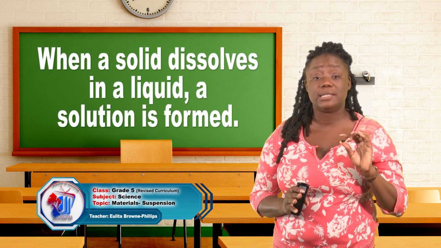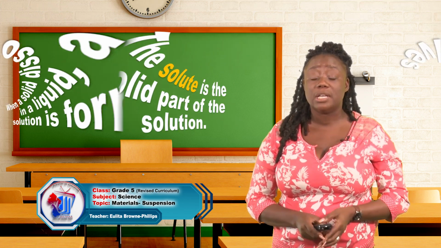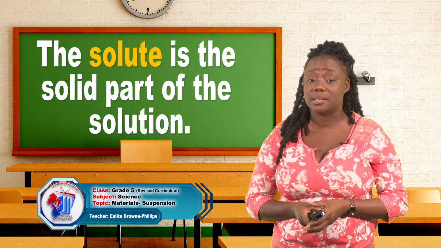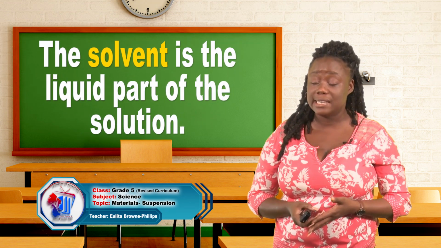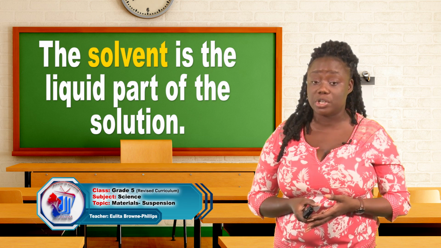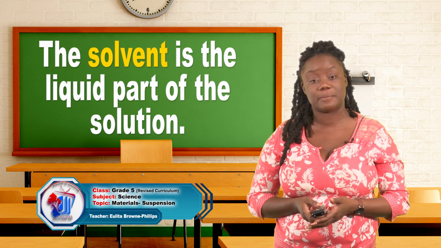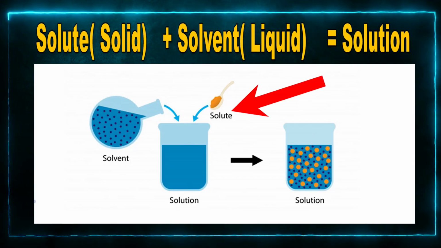When a solid dissolves in a liquid, a solution is formed. The solute is the solid part of the solution, the substance that dissolves. The solvent is the liquid part of the solution, the substance in which the solute dissolves. So, let's put that into an equation.